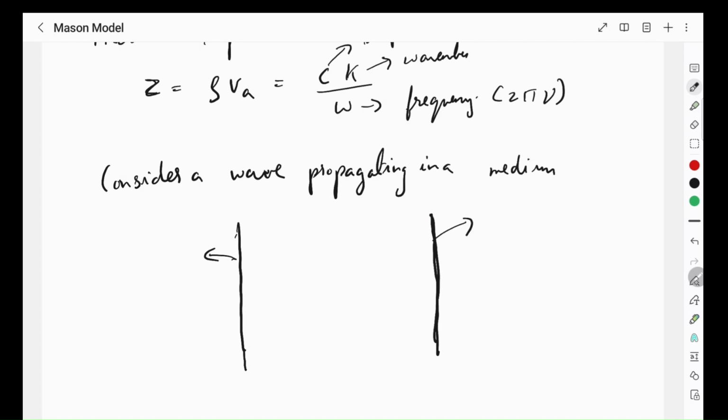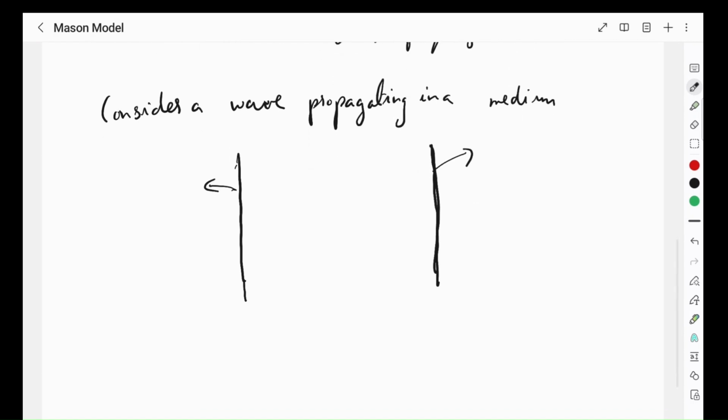Ultimately, what the Mason model does is help you model in terms of force and velocity. I told you that, right? It is similar to the voltage and current model, where V is equal to IR. Similarly, as I move forward, you can see how you get to that, how you can write it in terms of force and velocity.